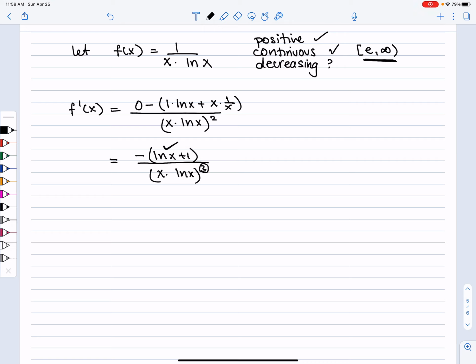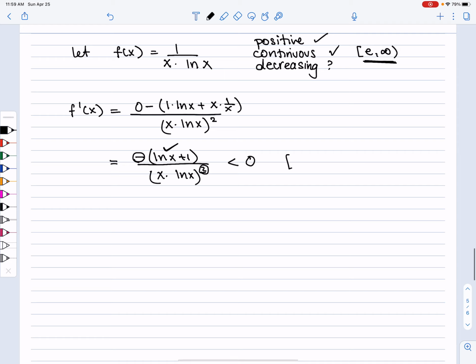So you have a positive number plus 1 is positive, but this negative is going to make it less than 0. And because it's less than 0 from e to infinity, we can say that f of x is decreasing. We're applying the first derivative test that we learned in Calculus 1. So we have a function that is positive, continuous, and decreasing.